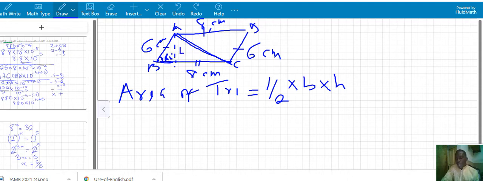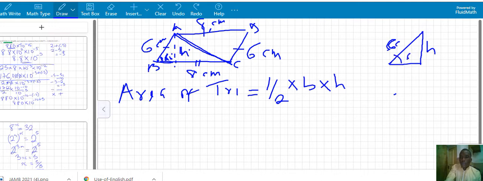We don't have the height, so we have to look for the height first before we can calculate this. To calculate this side, which is the height, we are going to look at this angle, 60 degree. It's opposite over the hypotenuse, because if we consider this angle, let's bring out that angle. This is the height, and this part is going to be 6 centimeter, while this is angle 60 degree.